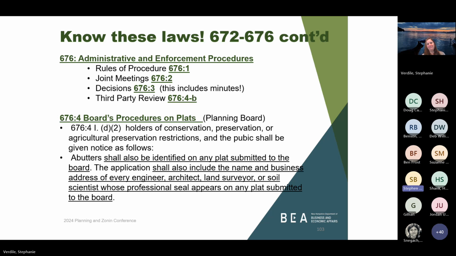So the case law says that if a regular member is absent and an alternate sits for that person at a hearing, but the regular member is then available for the next meeting or hearing concluding the application, so long as the regular member who missed the meeting has adequate foundational knowledge, they've reviewed the minutes of the meeting they missed, they reviewed the documents, maybe they watched the YouTube video, they could resume participation on that application.